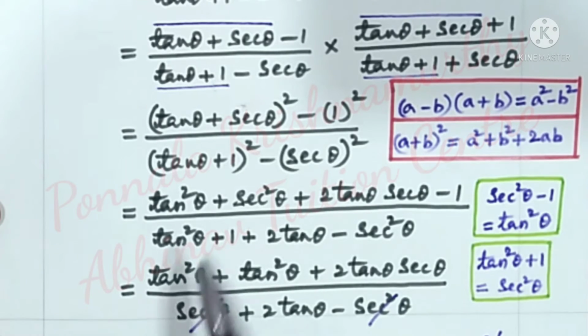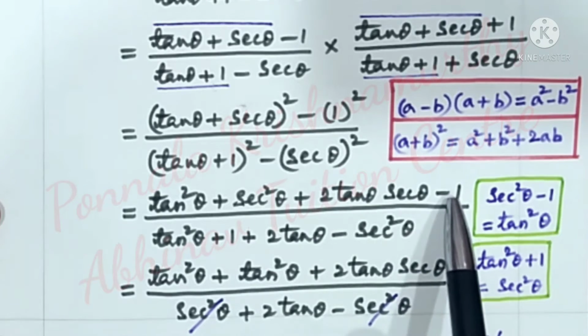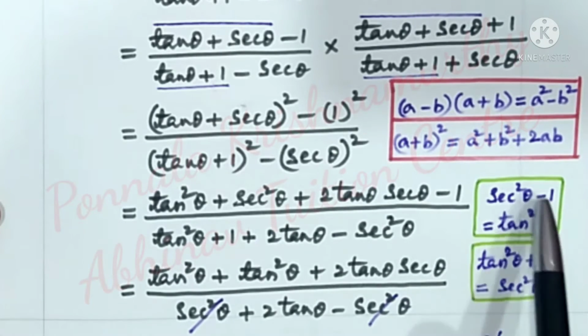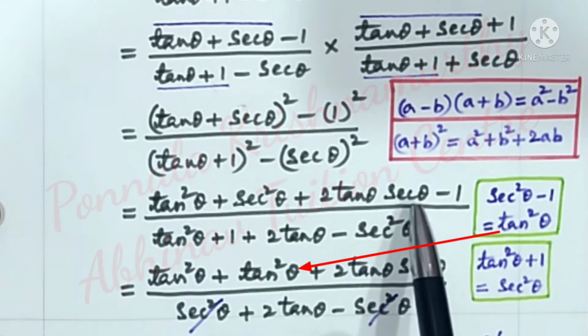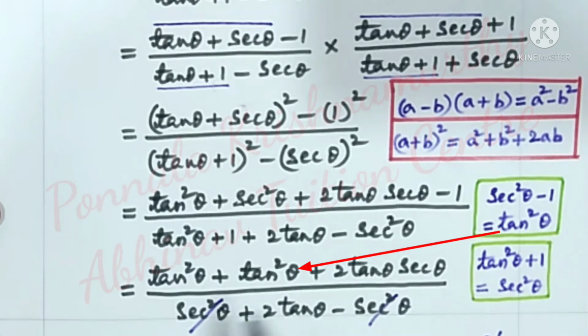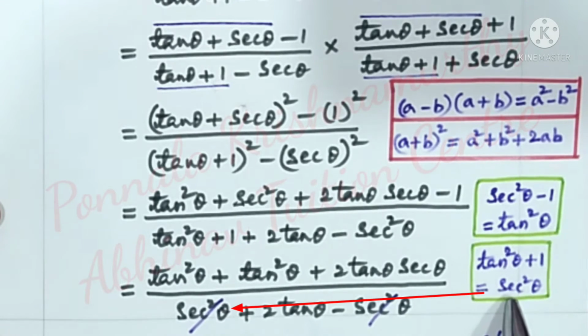That is equal to tan square theta as it is. We know that secant square theta minus 1 is tan square theta. Here we have the formula. Plus 2 tan theta secant theta as it is. And here tan square theta plus 1 becomes secant square theta. Here we have the formula. Plus 2 tan theta minus secant square theta.